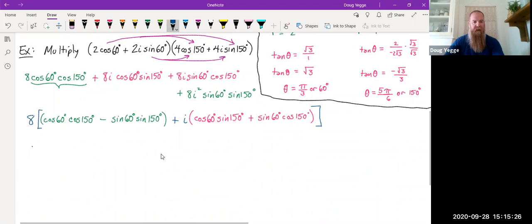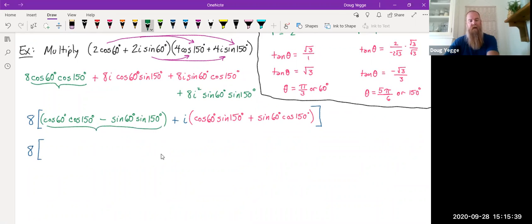Because notice that 8 follows us along here. But now let's take a look at each piece inside. This formula right here is the formula used for cosine of a sum or a difference. This is simply going to be cosine of the sum of 60 degrees and 150 degrees.